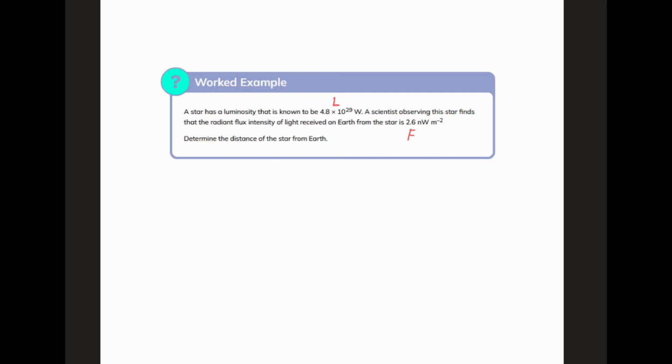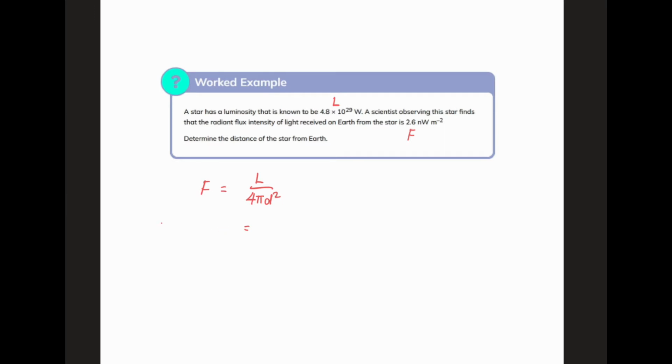Okay, so we use the formula: F equal to L over 4 pi d squared. So we use this formula, then we just substitute the values.